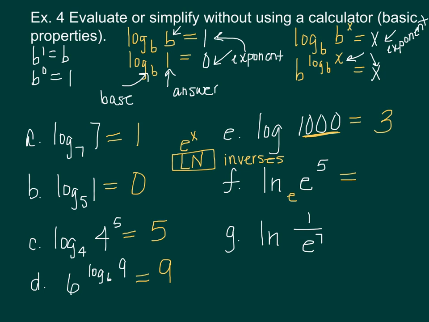Again, the answer is always the exponent. And same for G. The only difference is you have that e to the 7th in the denominator, which means your exponent has to be negative. So if you want to rewrite it, you can. So it looks like this. So remember, when the bases are the same, the answer is always the exponent.